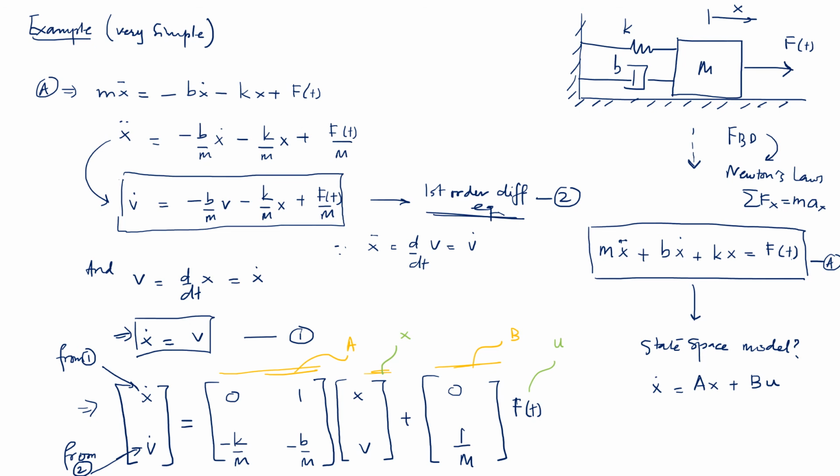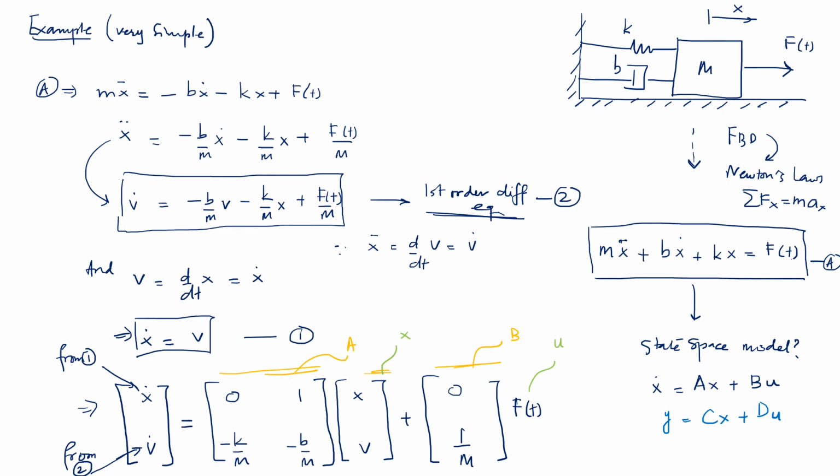Now the little remaining stuff is what is going to happen with the output equation. If I write that down as well, y is equal to cx plus du was the generic notation.